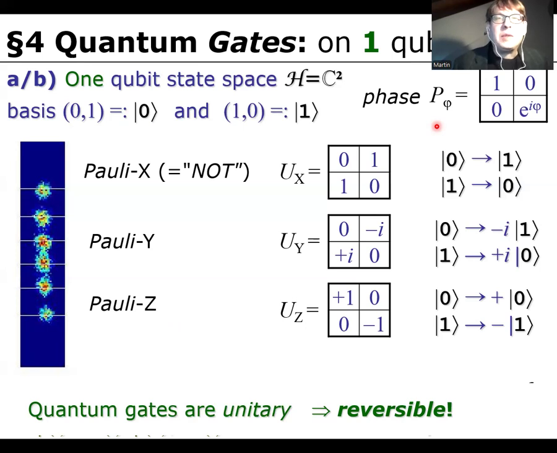So these are examples of 1-qubit gates, and they can operate, for example, on the first qubit, or we can place the gate on a second qubit.